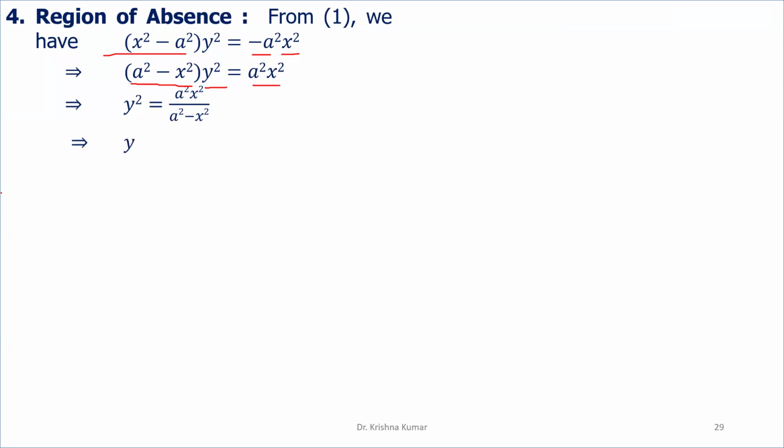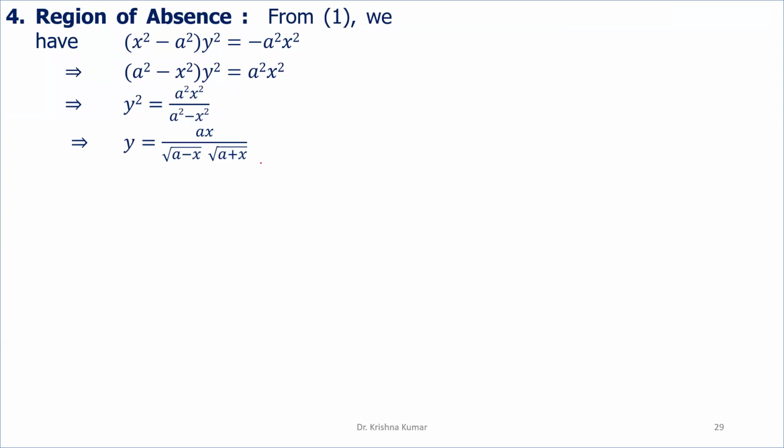So if we find the value of y, it is plus or minus ax over root of a minus x times root of a plus x, because we know that a square minus b square is a plus b times a minus b.